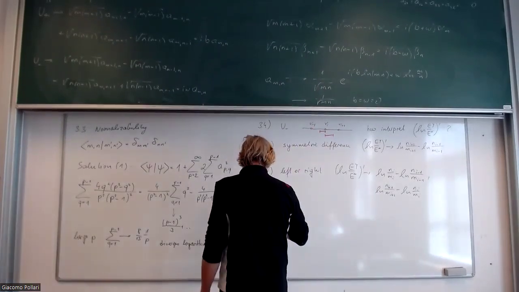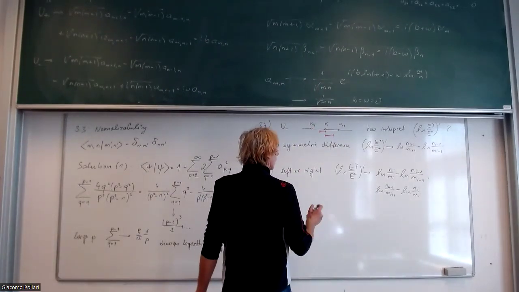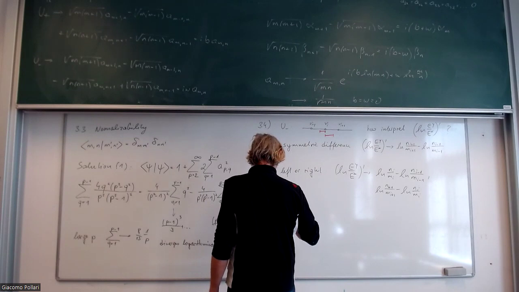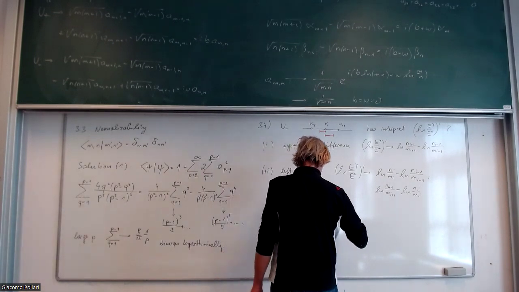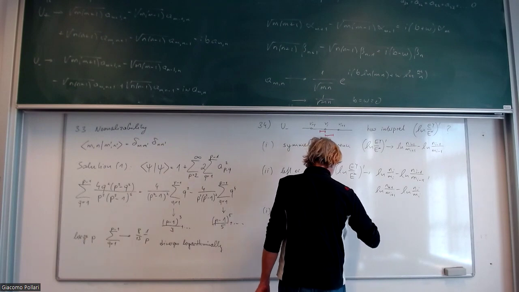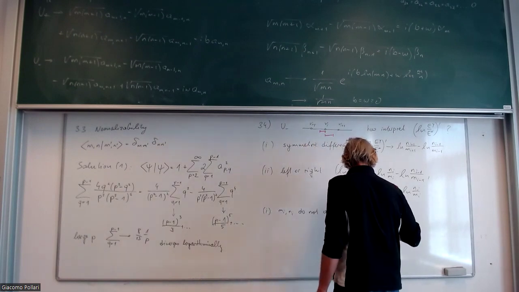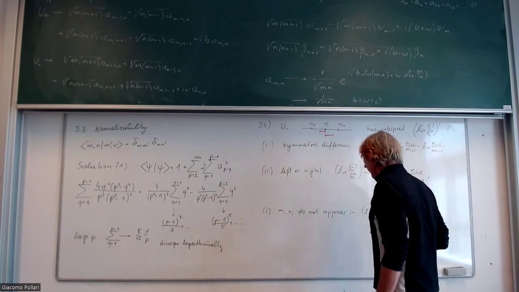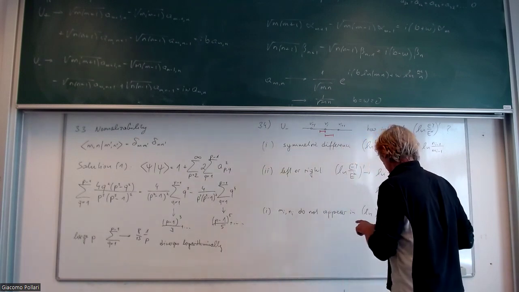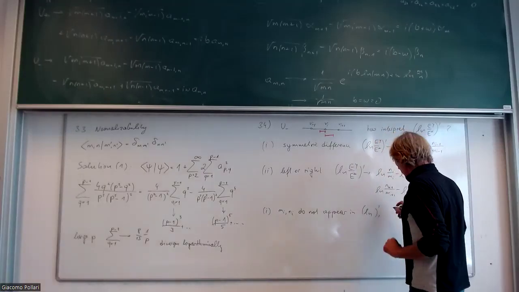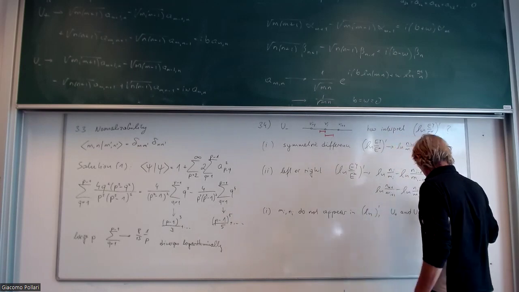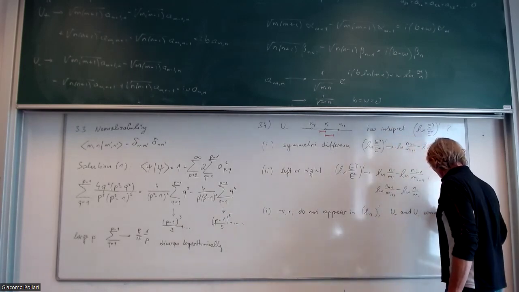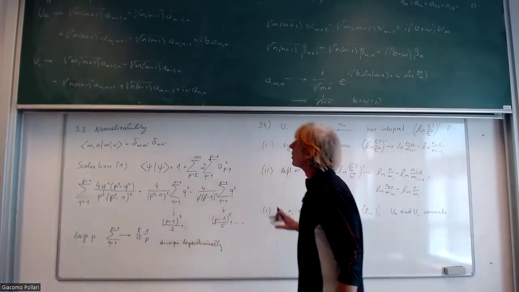In number one, m and n do not appear in this logarithm. Thanks to this, u plus and u minus commute.